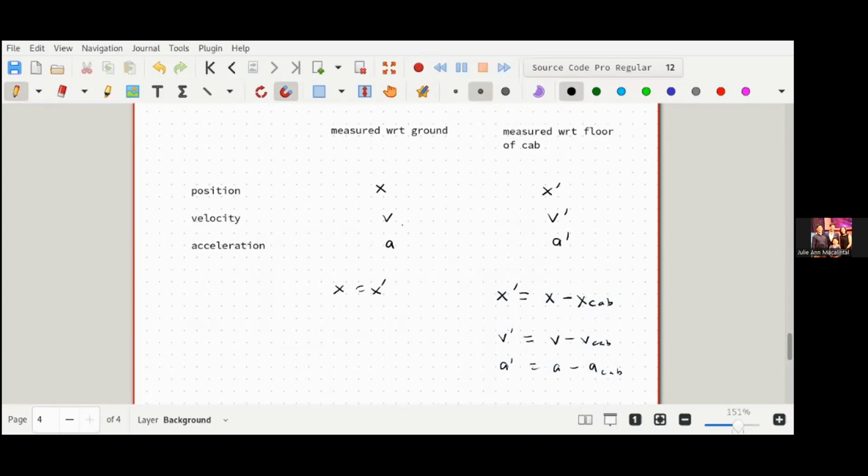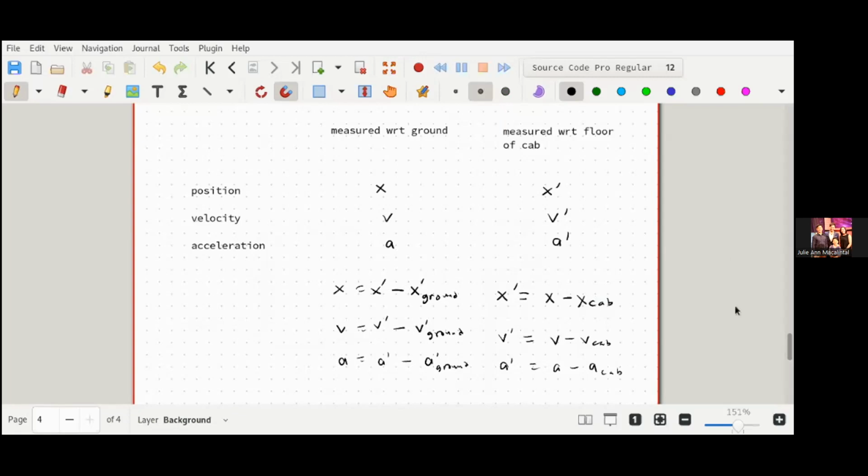the negative x cab is actually x prime of the ground. V is equal to v prime minus v prime of ground, and A is equal to A prime minus A prime of ground.